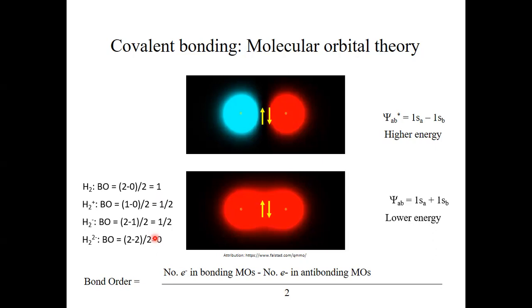You can also see that molecular orbital theory does not require electron pairs to form a bond. It's sufficient when you have only one electron being shared to form a bond. So this is different in comparison to the simple valence bond picture and simple Lewis dot structures, where you always need electron pairs to form a covalent bond. According to molecular orbital theory, that's not really necessary.